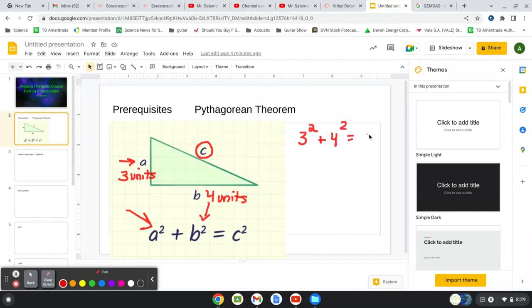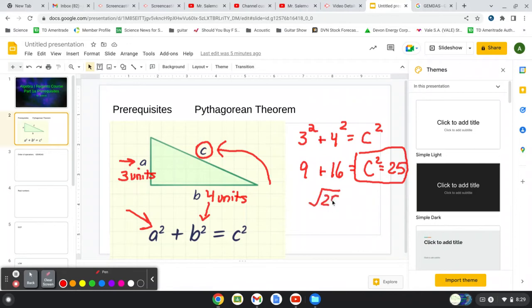And that'll equal C squared. 3 squared is 9, 4 squared is 16, and so C squared is 25. Now, we're not looking for C squared. We're looking for C. Well, C will be the square root of 25. You should know your square roots. That will be 5. So that's how we do the Pythagorean theorem.